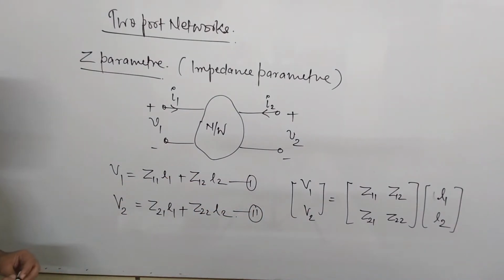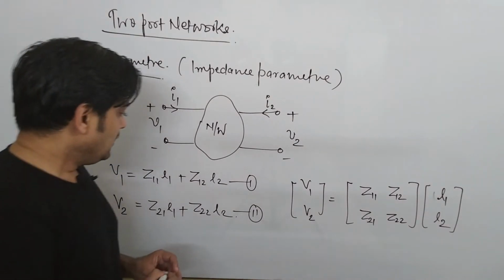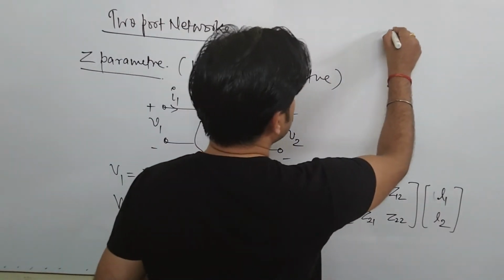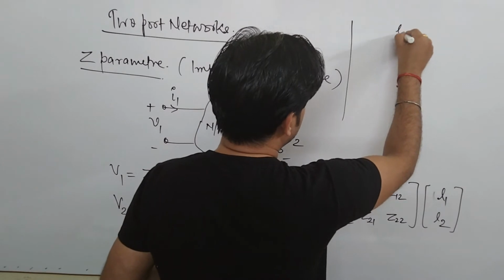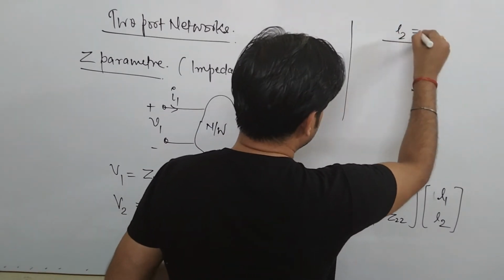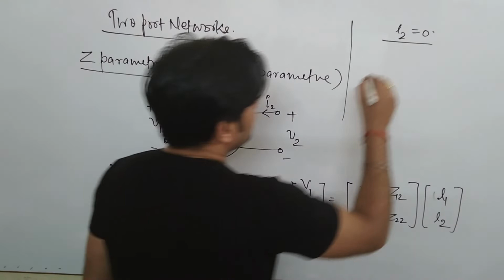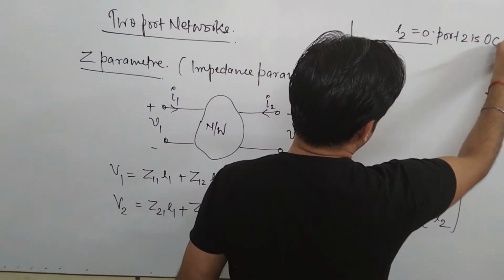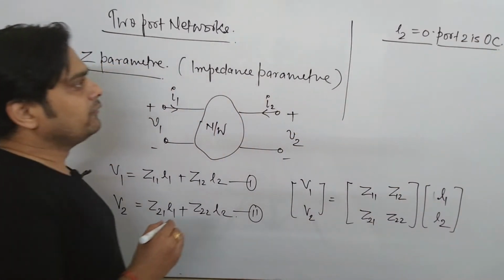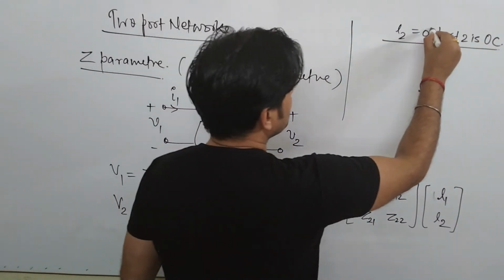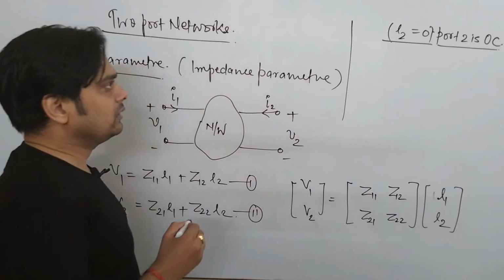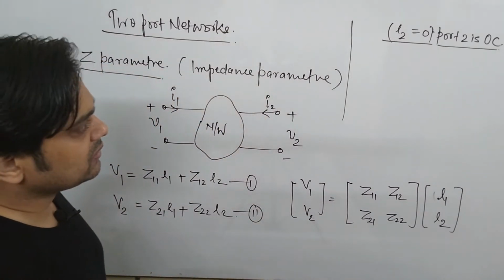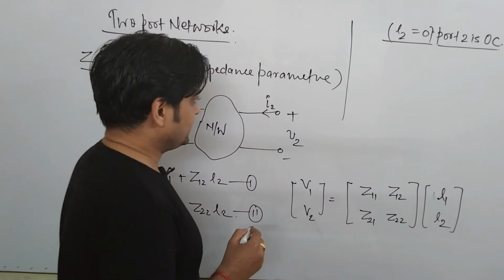Now the question comes to your mind, what are Z11, 12, 21 and 22? That we will see. If I put I2 equal to 0, please try to understand, what does it mean? It means port 2 is open circuited.